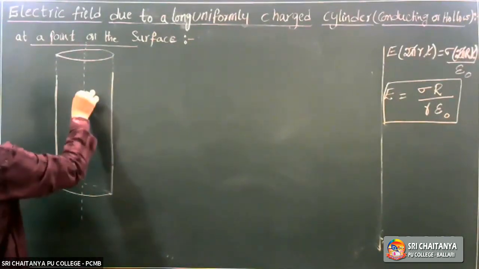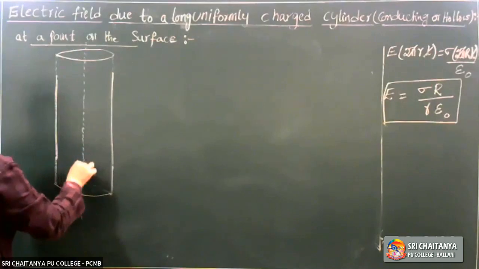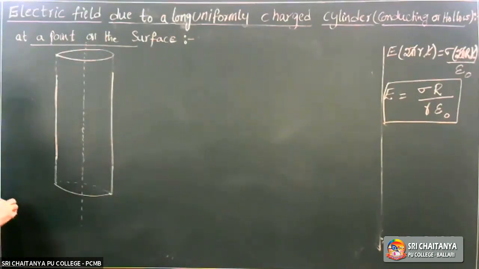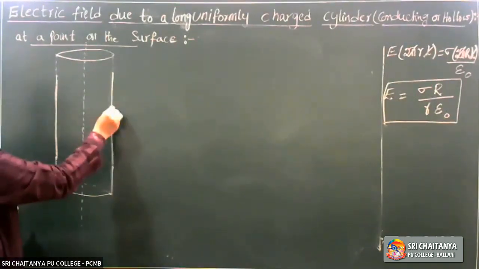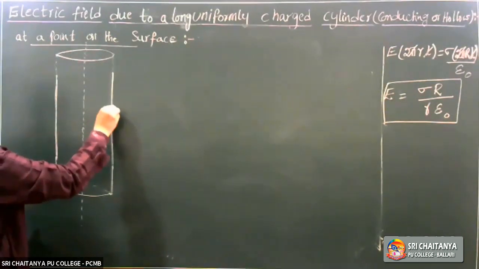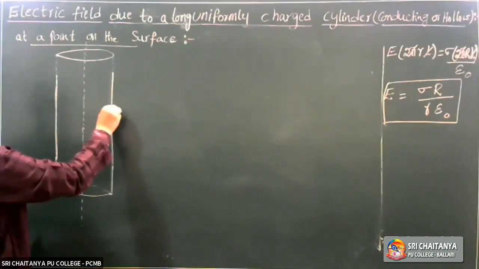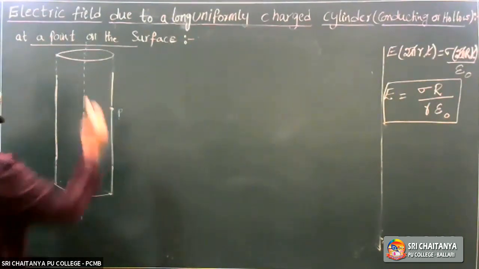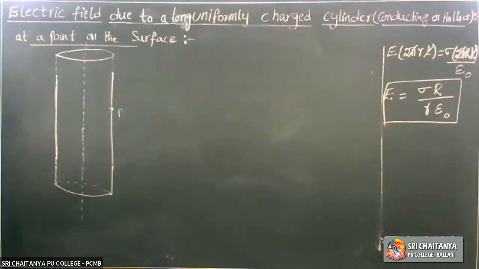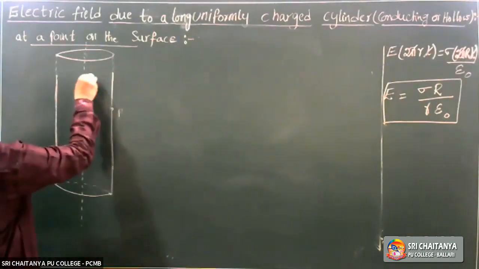Axis of the cylinder. Now, where is the point? The point is on the surface of the cylinder, here. See, the cylinder of radius R.